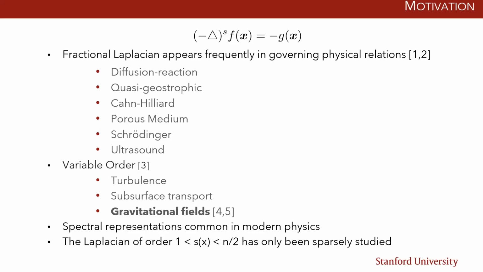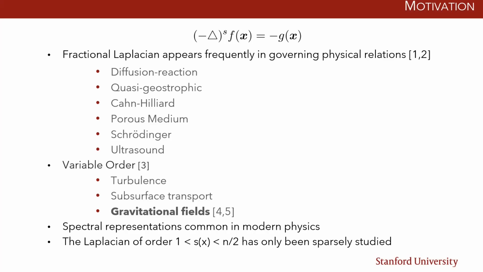And it appears in variable order form, where this exponent s can vary over the domain, in applications that concern turbulence, subsurface transport, and gravitational fields, which is the application that we looked at for our problem.